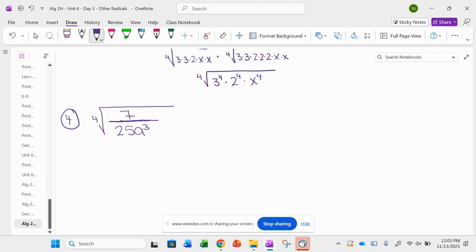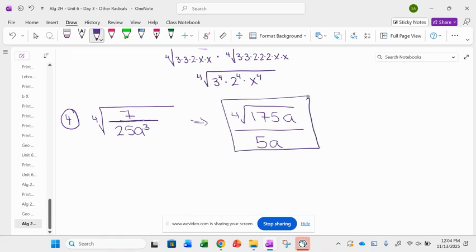Okay, who has an answer, Stephen? I got the same. Anybody need to see me do this? Okay. Let's go on to adding and subtracting.